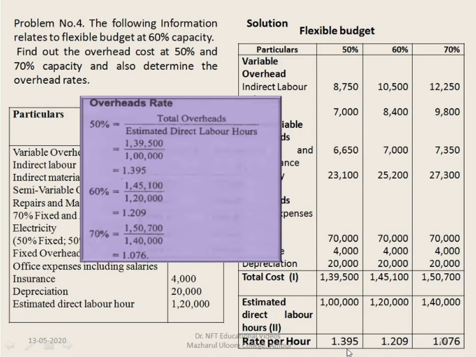Rate per hour is 1.395. Same way we will calculate for 60 percentage. 1,45,100 is the total cost divided by 1,20,000, that is 1.209, and for 70% it is 1,50,700 divided by 1,40,000, which gives you 1.076. So this is how you have to calculate the overhead rate.